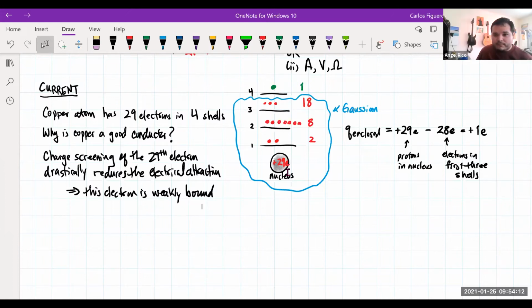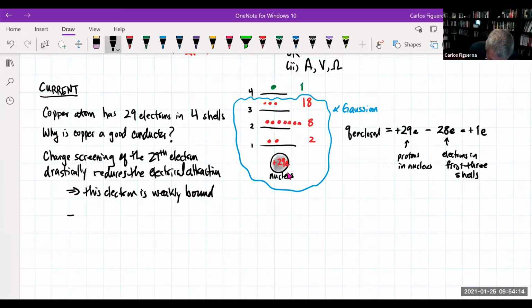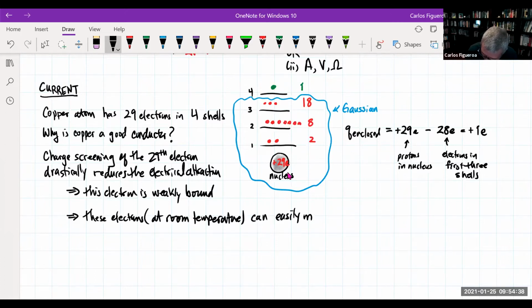And because it's a weakly bound electron, these electrons, I should say at room temperature, can easily move between one copper atom and another.